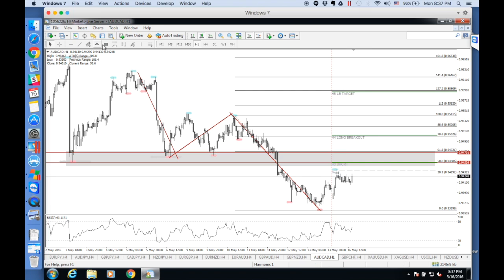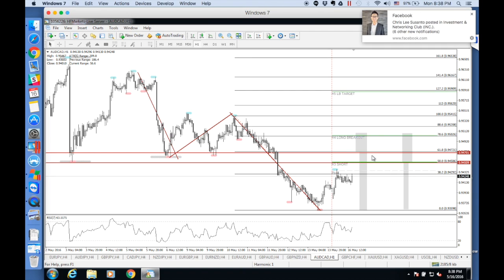Because if I enter at 61.8, my stop will be at 78.6, slightly above it, and my reward will go all the way to the bottom. But if I choose to enter at 50, with my stop loss above there as well, then my TP will be below. You can see my risk to reward is less because I missed this whole chunk of reward. So I'm not so aggressive in entering, but I want to favor risk to reward more.